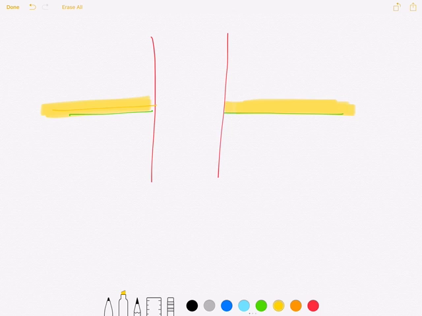But for simplicity, this is not a physiology class, so just to simplify things, a channel has a gate. Let's say this is a gate, or this is a gate. So channels have gates, and sometimes the channels are closed.